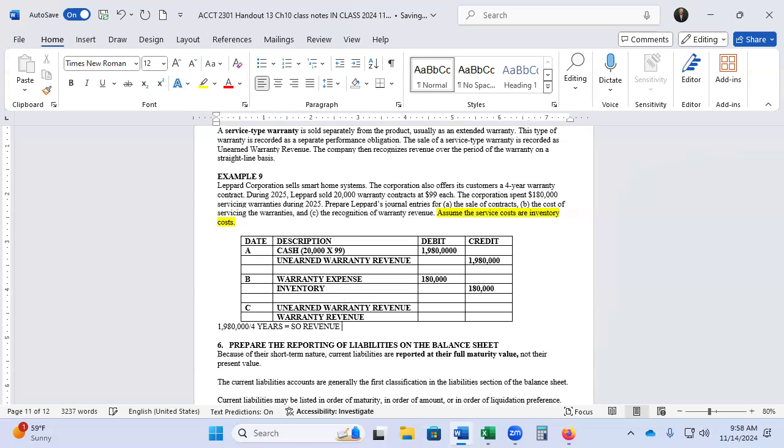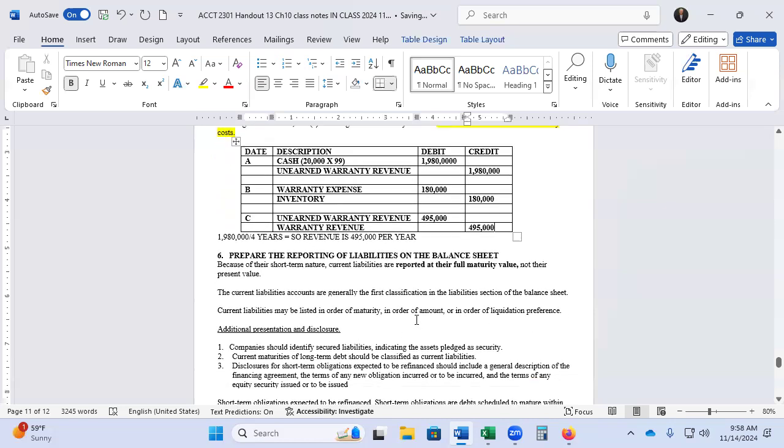So revenue is 495,000 per year, and so we have 495,000 and 495,000. Any questions?